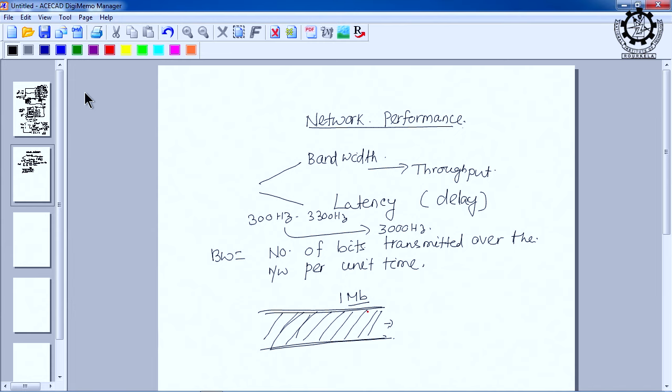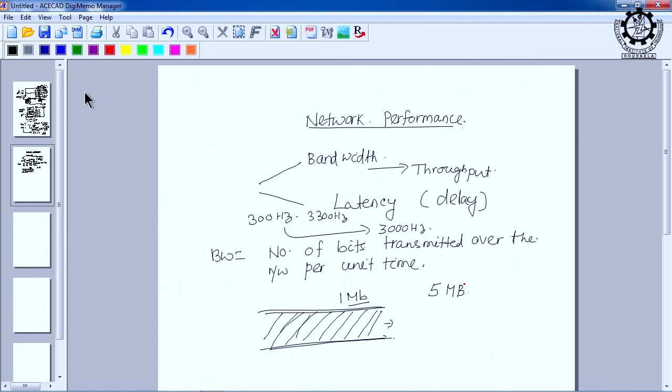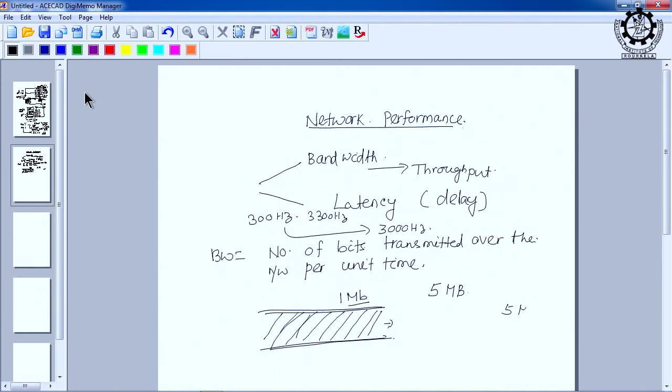So, if I say the bandwidth of any channel is 5 Mbps, what is the capacity of this channel? It can hold that much data at any point of time.